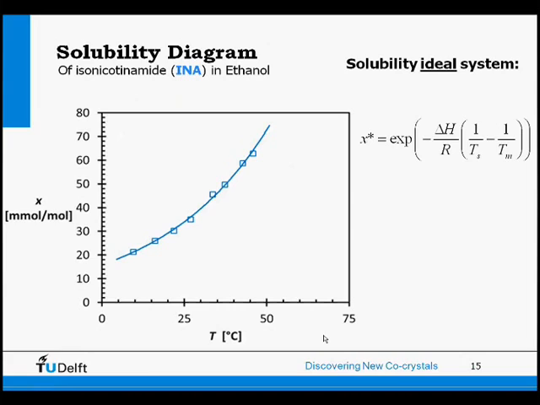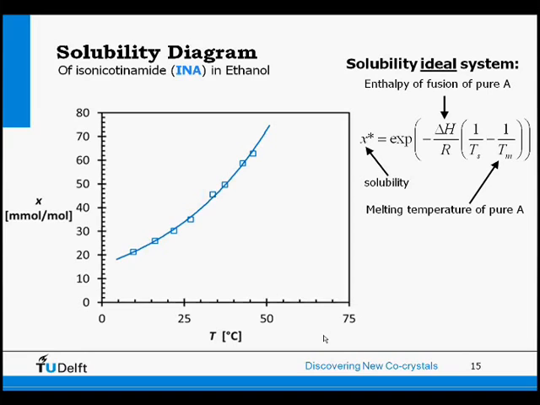You can describe these points with, for instance, the Van 't Hoff equation, which is giving the solubility of an ideal system. So you have the solubility, which is marked as x star, so mole fraction, here millimoles per mole. And that's described as a function of enthalpy of fusion of the pure component, so in this case isonicotinamide, and the melting temperature of the pure component.